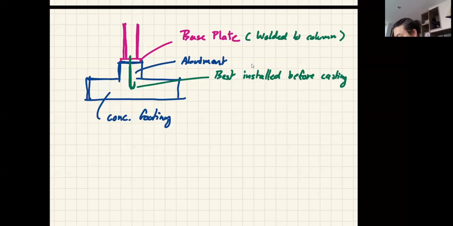Let's say this is your column footprint. Your base plate will always have to be greater than the column, okay? To ensure that we can actually construct it.